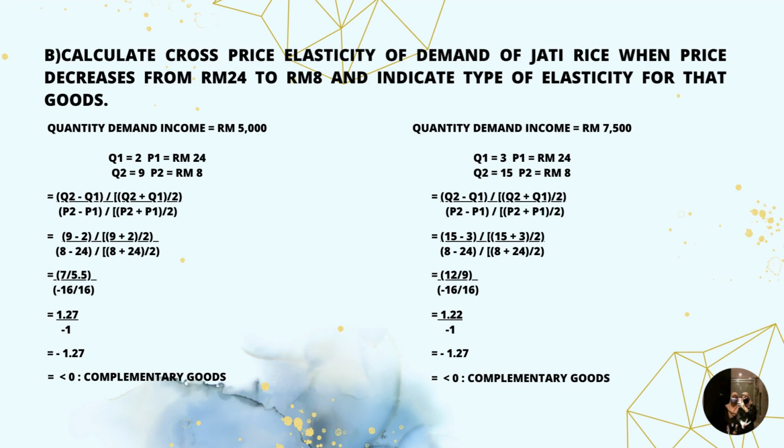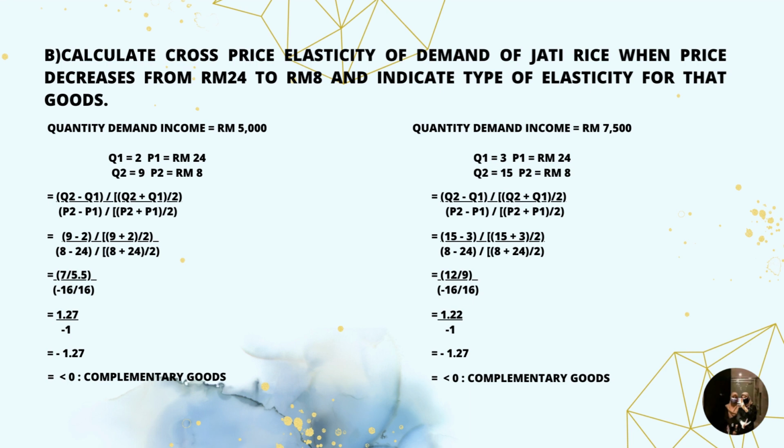Next, we go through the quantity demand income of 7,500 ringgit. We use the same midpoint formula method to calculate the cross elasticity of demand. Based on the table below, Q1 is 3 units and Q2 is 15 units, and the price P1 is 24 ringgit and P2 is 8 ringgit.